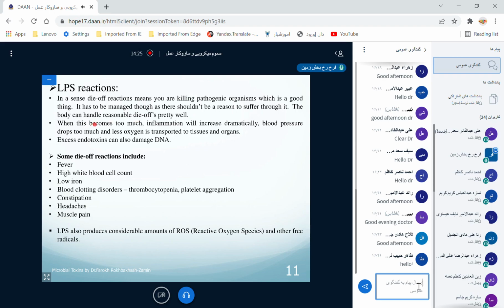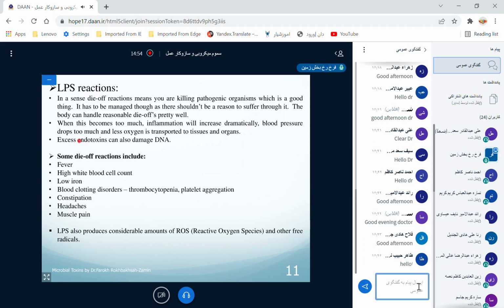The body can handle a reasonable die-off pretty well. When this becomes too much, when there are too many pathogens and too many of them are killed, inflammation will increase dramatically.